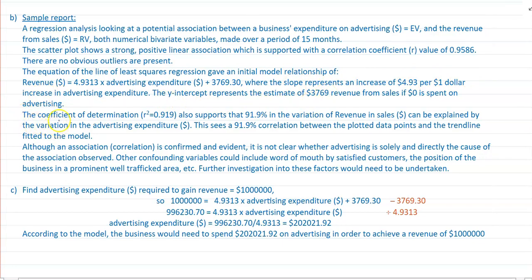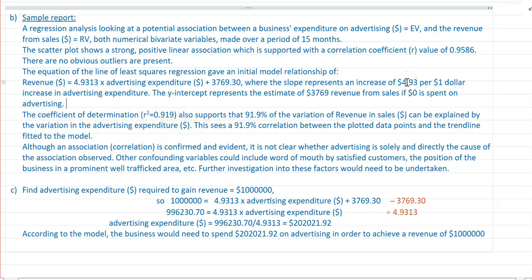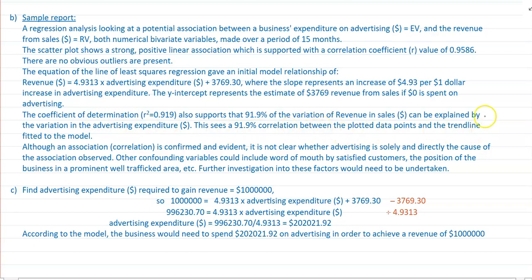From there, I've then talked about the coefficient of determination being 0.919, which also supports that 91.9% of the variation we see in the revenue and sales can be explained by the variation in the advertising expenditure, which sees a 91.9% correlation between the plotted data points and the trend line fitted to the model.